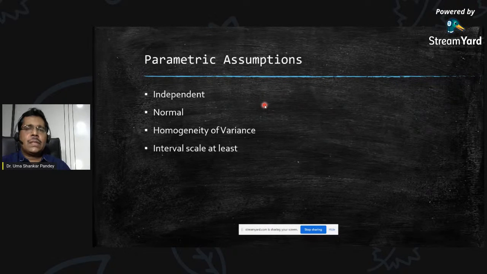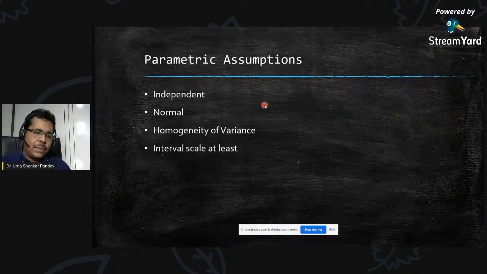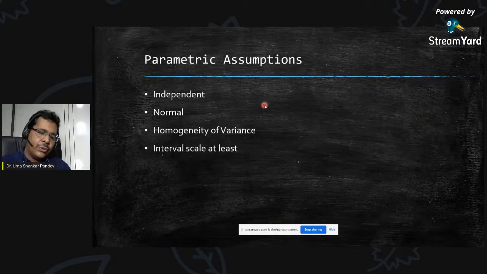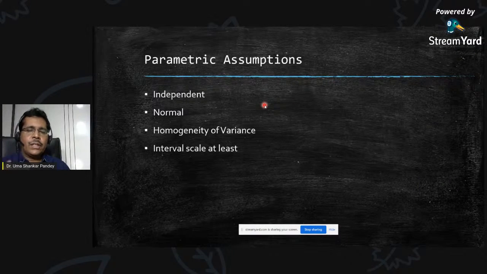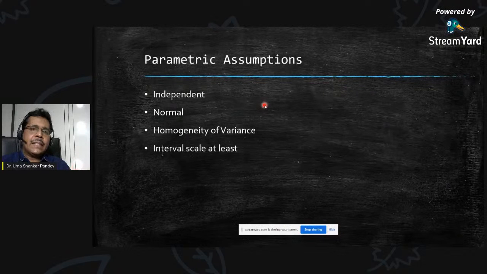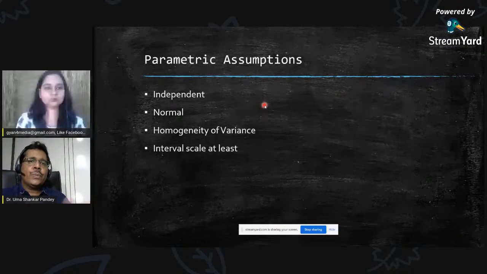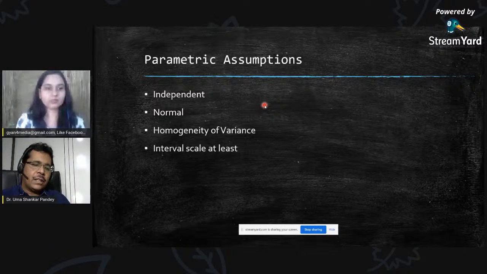If somebody is doing SPSS, the term SPSS uses is scale. They have nominal variables, ordinal variables, and scale variables. So when SPSS talks of scale, they're talking of either interval or ratio. So basically that's a numeric scale. This is an important assumption to remember.